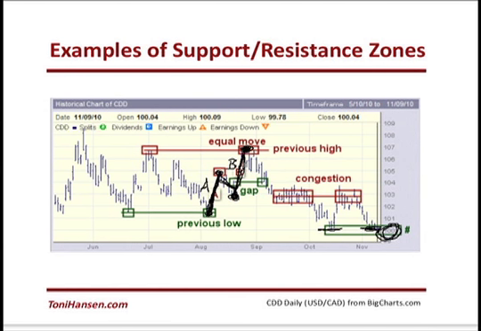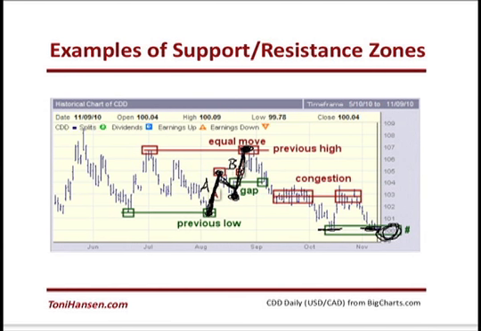Now, momentum is going to be very, very important in determining whether or not that equal move actually holds. But you can see that in this case, that equal move corresponded almost to the T with that previous high. So you have not only the equal move, but you also have a previous high.